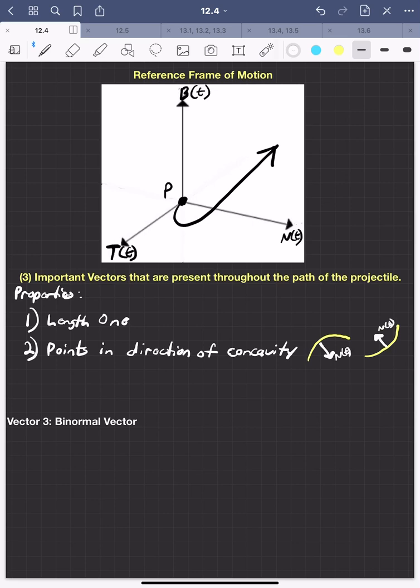Now this is nice. This is important. However, the way you would think about this property in space is different than the way we would think about it in 2 dimensions.